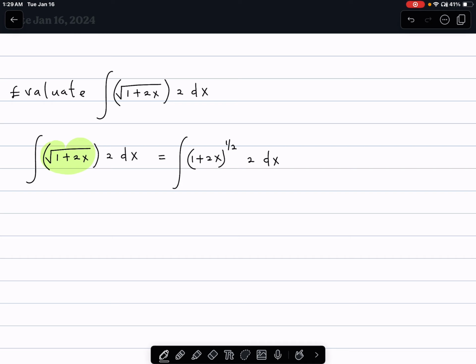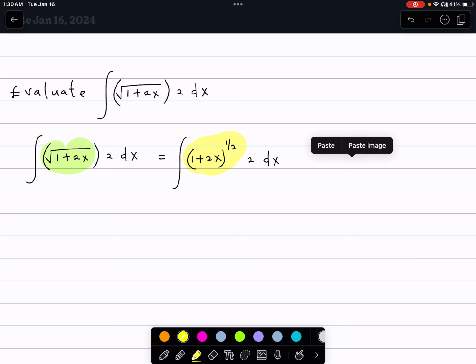Okay, I can do what is called a u-substitution. So, what's the complex part of this integral? It is this part, right? We can't use the normal integration technique to integrate that, because of the power 1/2, we can't even multiply the 2 that we have here.